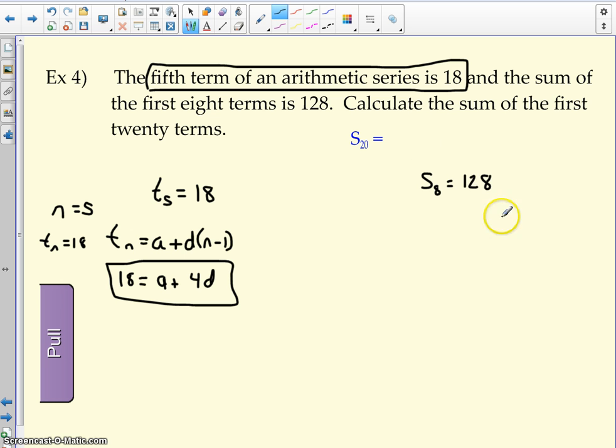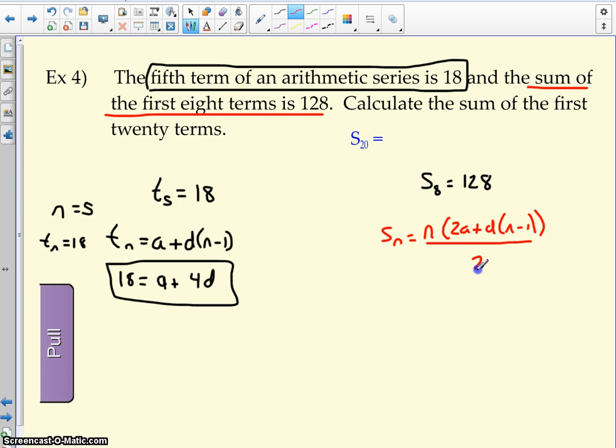Let's see if we can do something similar with the other piece of information over here, being told the sum of the first 8 terms is 128. Okay, so remember our sum formula. Okay, and what we're being told here is that S8 is 128, which means that when n equals 8, Sn equals 128.